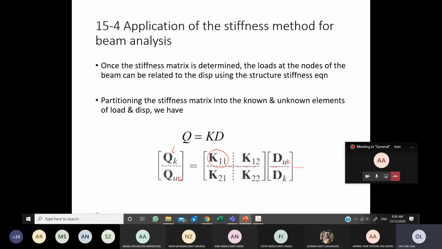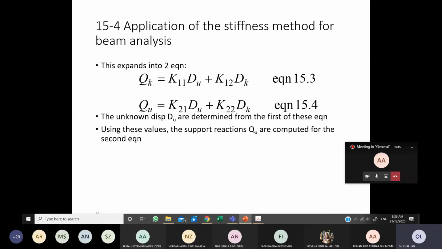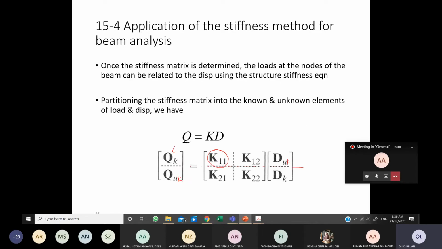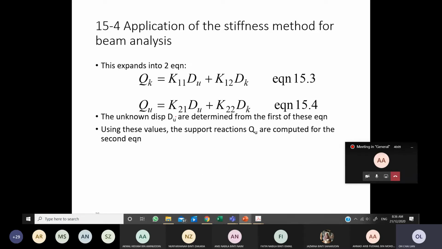You will realize that if you want to solve for the unknown displacement, you can apply these equations: Q known equals K11 multiplied by D unknown plus K12 multiplied by D known.